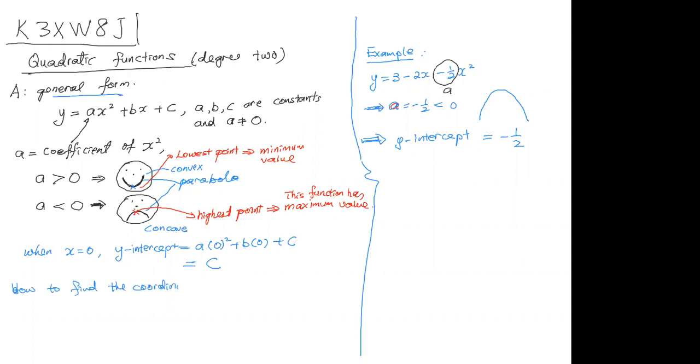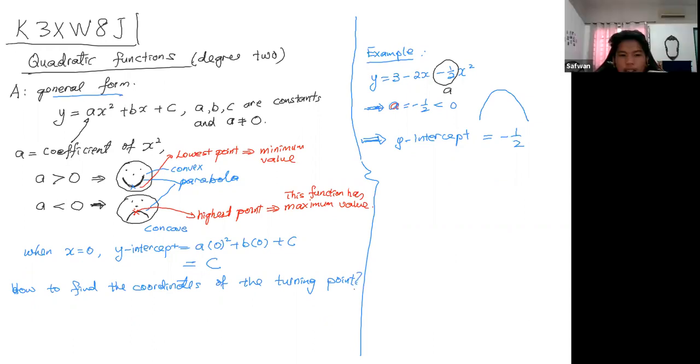A quadratic has only one turning point, a maximum or minimum. The coordinates of the turning point: who can tell me how to find it? Differentiate. Okay.